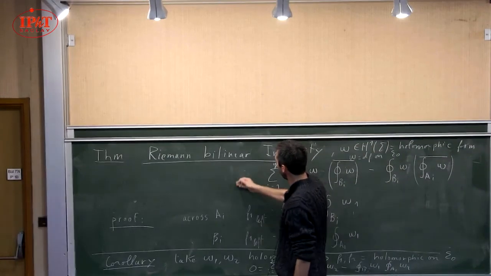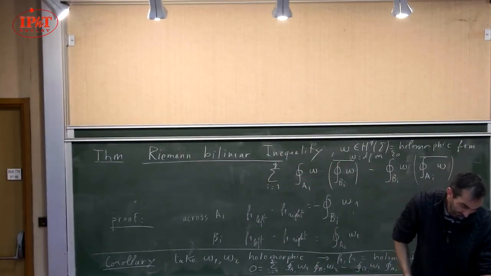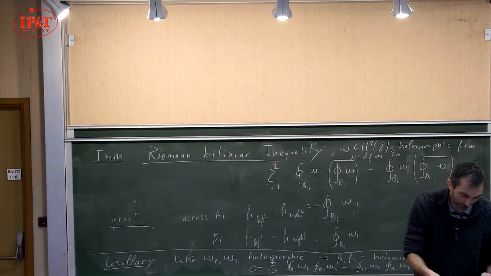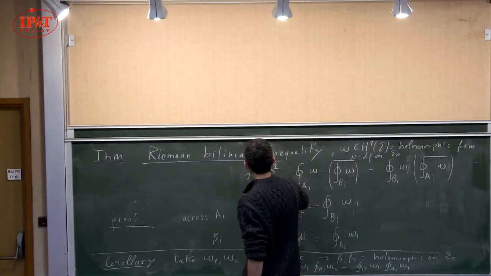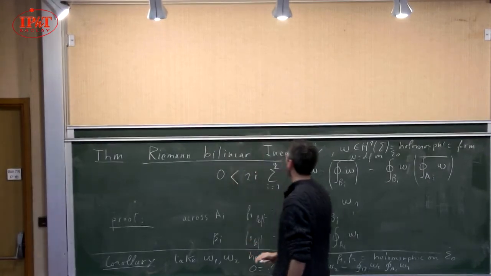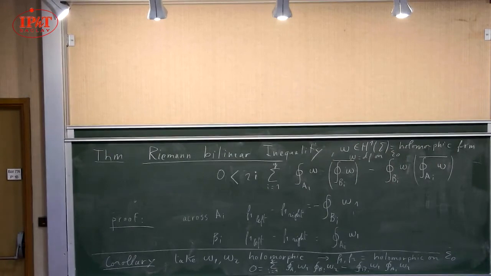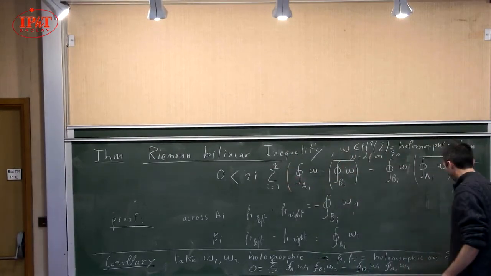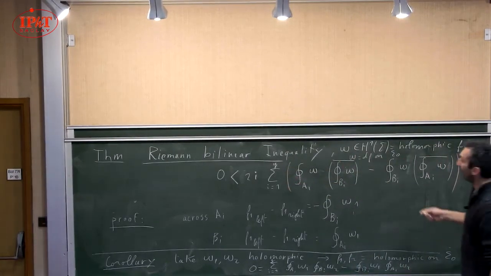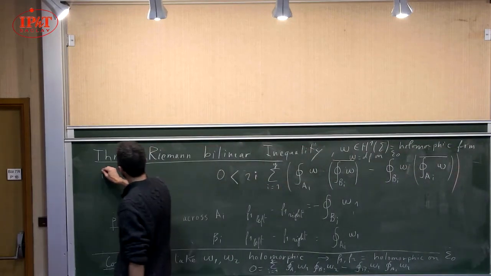You multiply this by 2i, where i is the square root of -1. This is positive. I times this sum is positive, if omega is non-identically 0.